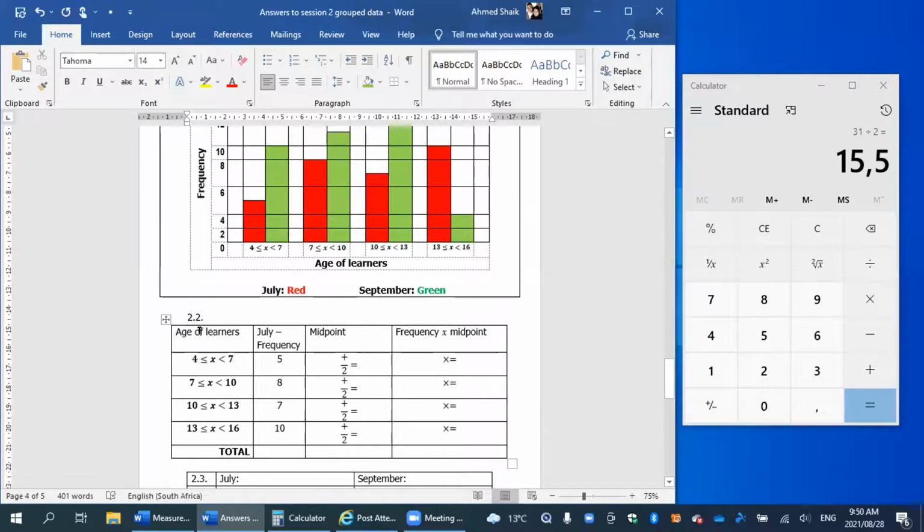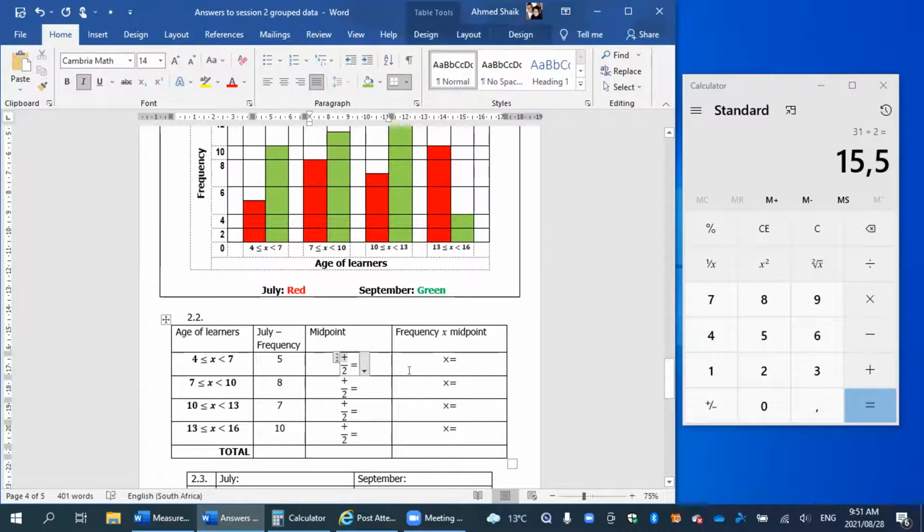Okay, so that requires us to add our 2 more columns, which I've done already. Let's input our values and work out our answers. So our first midpoint given to us is 4 plus 7 divided by 2. Let's enter all our values.